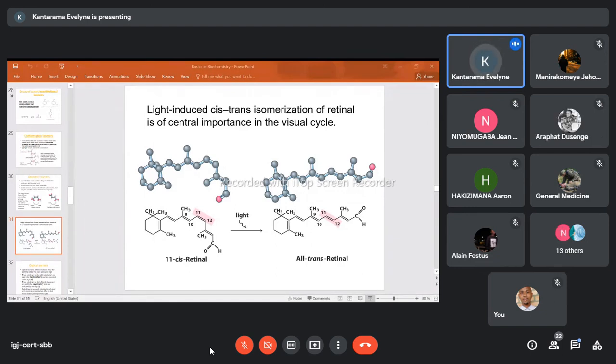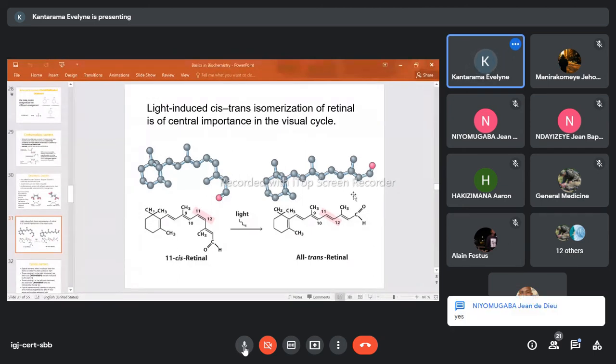Here, there is an intervention of an external factor that causes a reaction, a chemical change. A reaction occurs here due to this light, and this cis is transformed into trans. Is it clear now? Are we together? Now it is clear, I think.